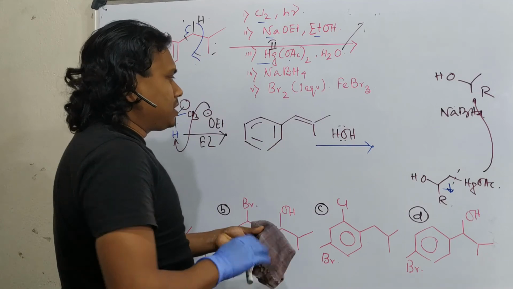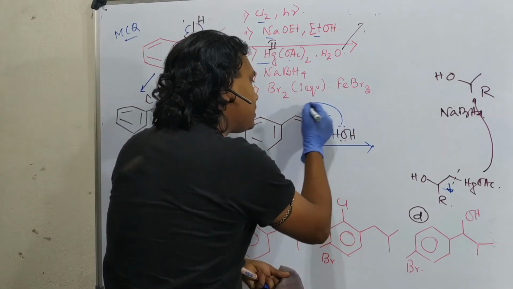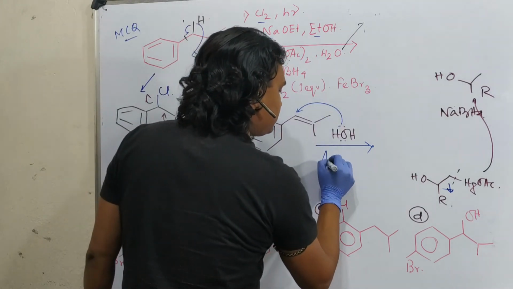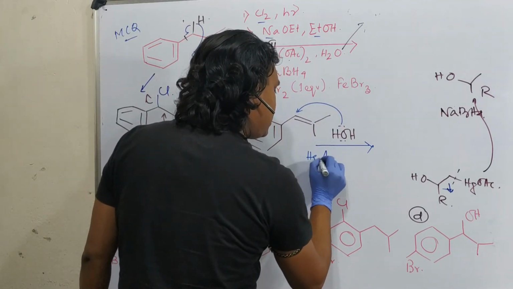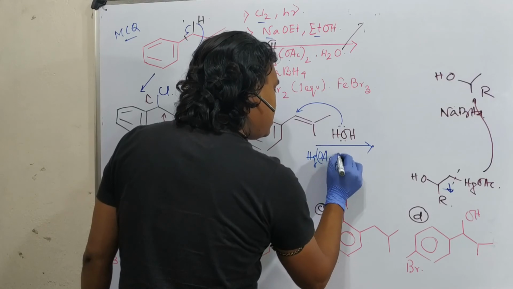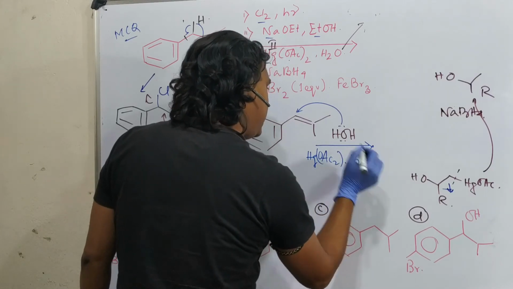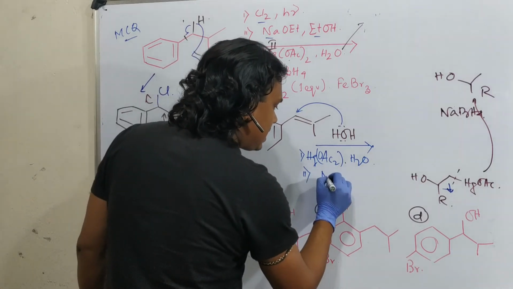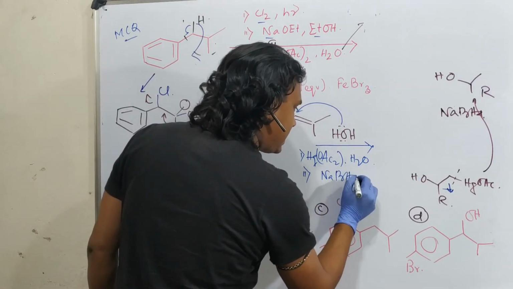Okay, so now what will happen, that it will attack. Actually, this HgOAc twice, H2O, and second step is NaBH4. Just I have explained.